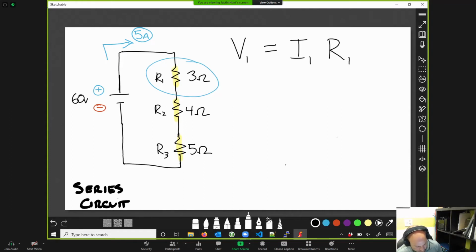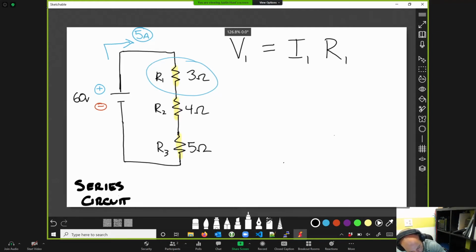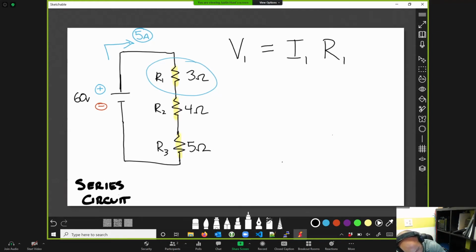So let's plug in and see what we have here. We want to know what the voltage is that's going through this component. And we know that the current is 5 amps and the resistance is 3 ohms.